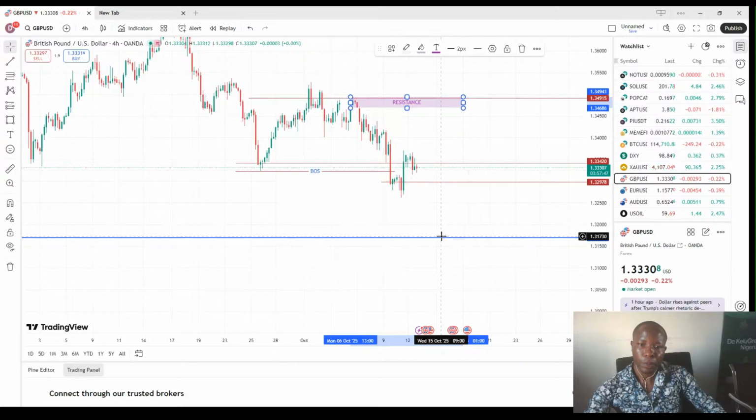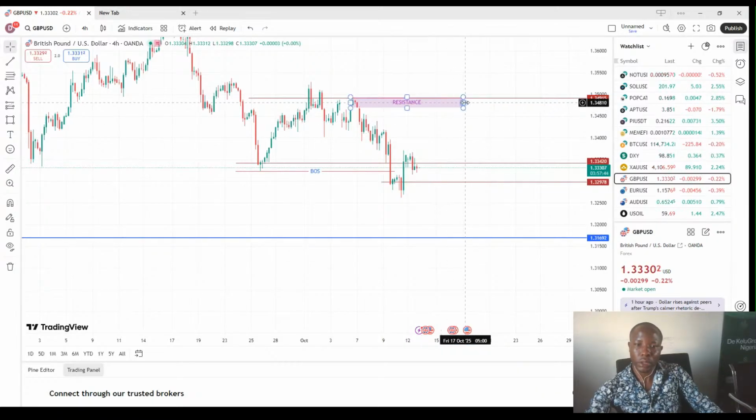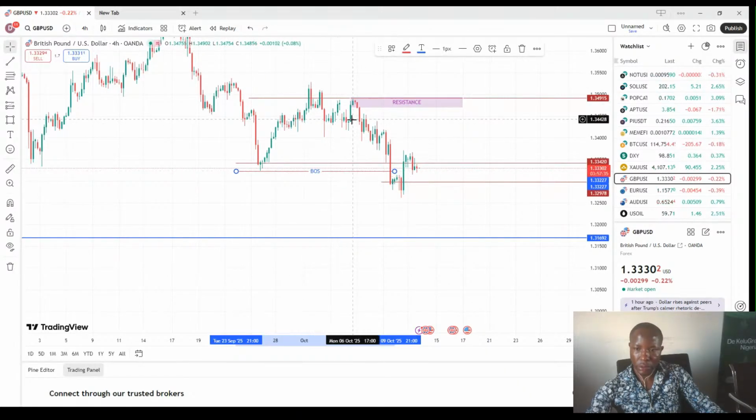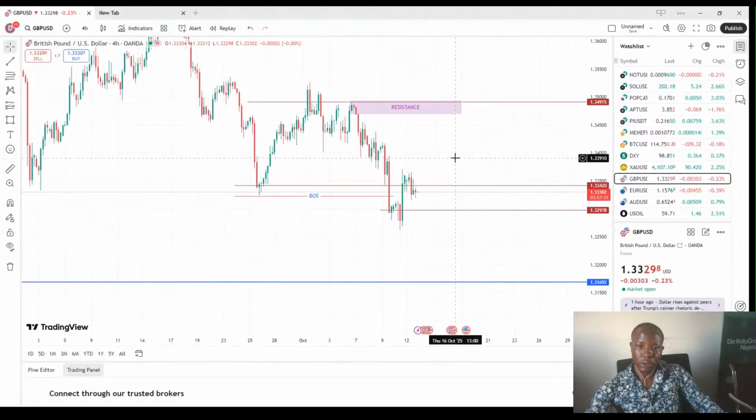Save. Okay. So this is a resistance. So the last block of structure is still that same place. So there's no changes.